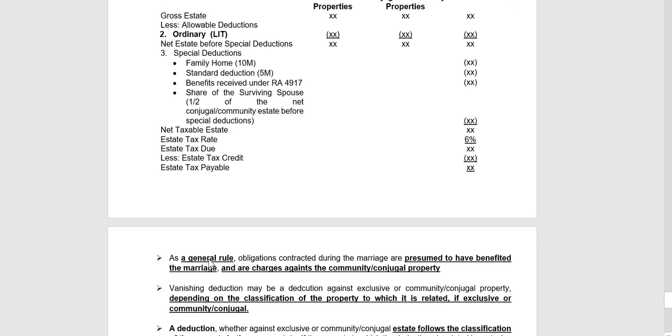For example, losses: it depends on where the property is. If the property is exclusive, the deduction is exclusive. If the property is conjugal, the deduction is conjugal. Same thing with PPT, property previously taxed. The transfer for public use can be exclusive or conjugal, but if silent, exclusive.